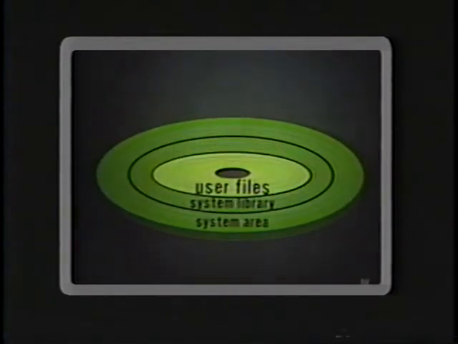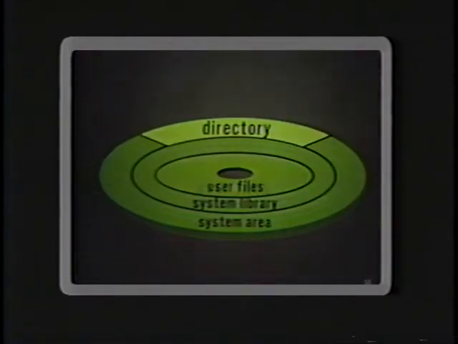The remainder of the disk is used for application programs and other files of user-created information. The name of each program file and data file on the disk is recorded in a directory in the system area. The directory also contains the location of each file on the disk and other important information.